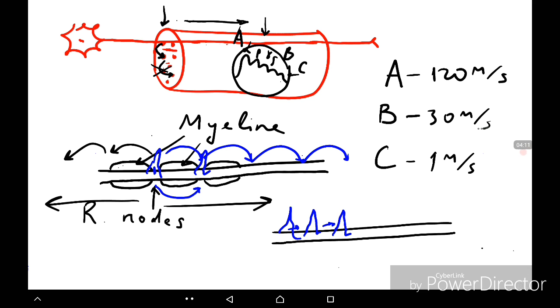And the third law is called the law of physiological and anatomical integrity of the nerve. It means that if you change the functional conditions, for example, you apply ice cold temperature on the nerve, the propagation will stop, will not be possible.